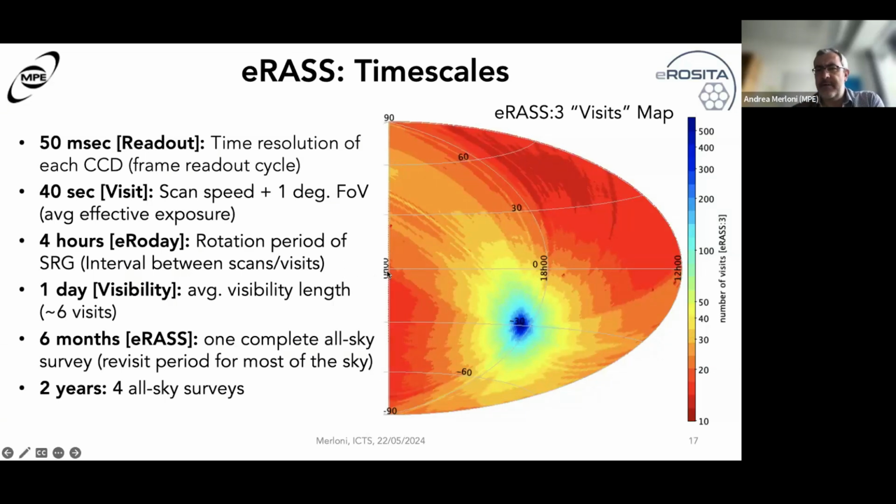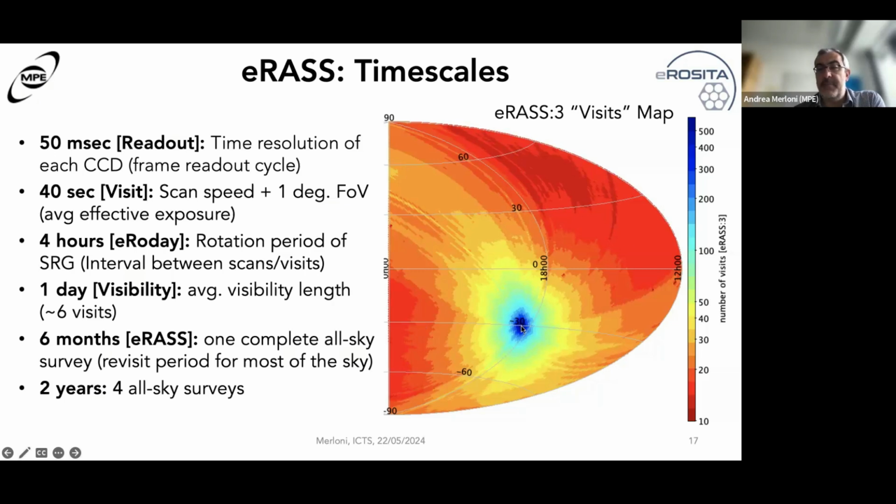And this map on the right now shows half of the sky color-coded by the number of visits after 3 all-sky surveys. So you see that most of the sky is red-orange. This corresponds to about 6 to 8 visits per source in 1 day.